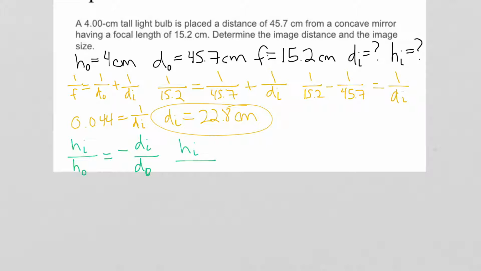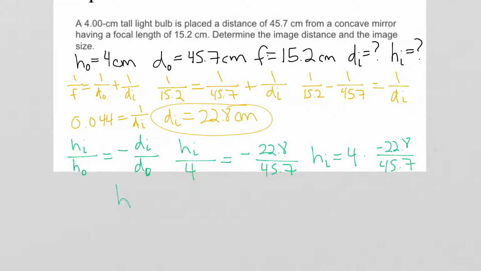Height of the image is over 4 for height of the object. Opposite, 22.8, which I just solved for, over 45.7. And then I can say, well, that means my image height is equal to 4 times negative 22.8 over 45.7.